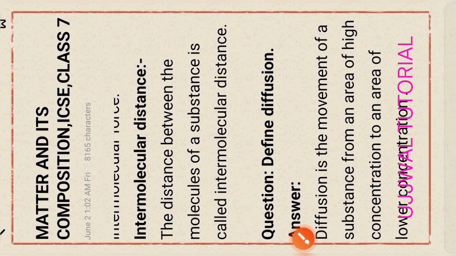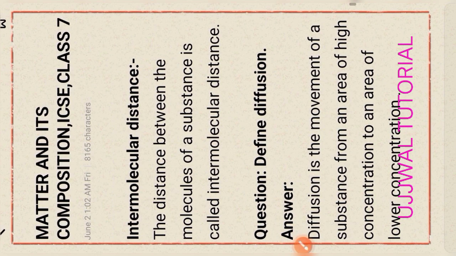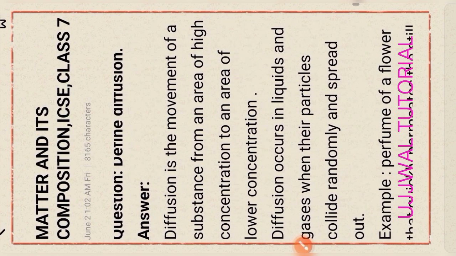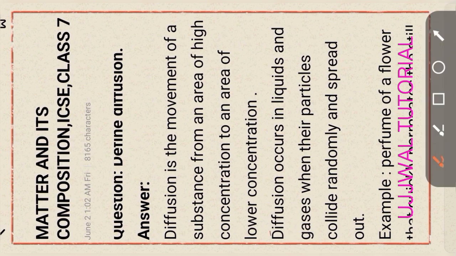Next, define diffusion. Diffusion is the movement of a substance from an area of higher concentration to an area of lower concentration. Diffusion occurs in liquids and gases when their particles collide randomly and spread out.